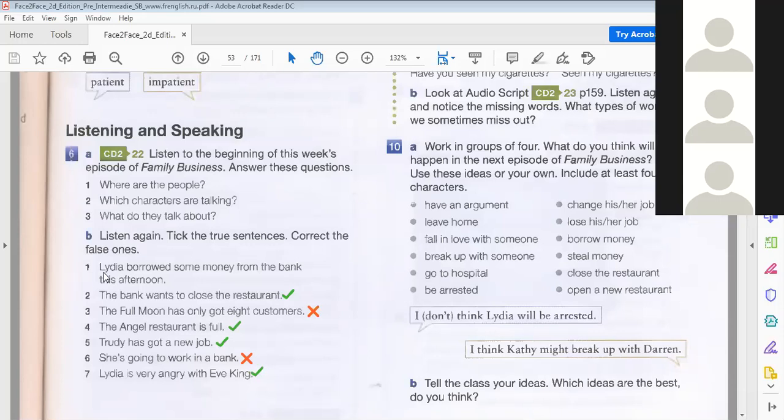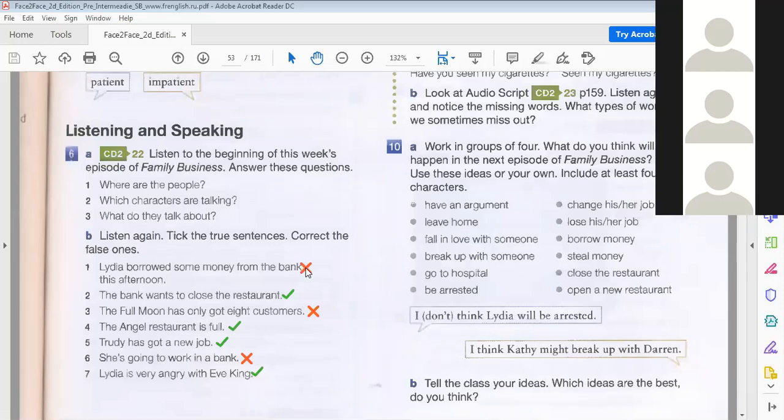What about number one? Lydia borrowed some money from the bank this afternoon. Is this true or false? False. What's the right answer, Rashid? She didn't borrow some money. She went to the bank, but she couldn't get any money because the bank said no, right?